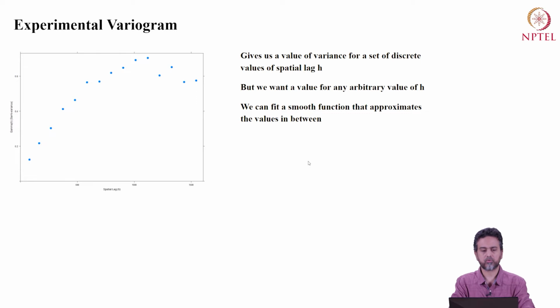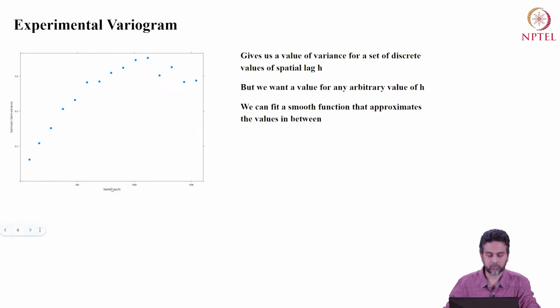Just a quick review. What is an experimental variogram? Well, it's a function of spatial lag, as you see on this figure. On the x-axis, we have spatial lag denoted by h, and this gives us a value of variation or variance for some set of spatial lags, for some discrete points on the x-axis.